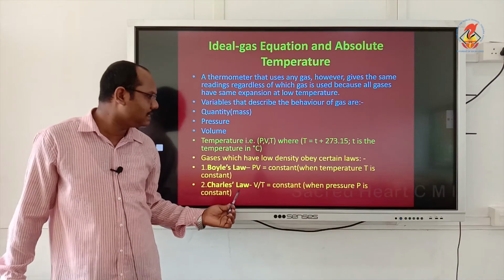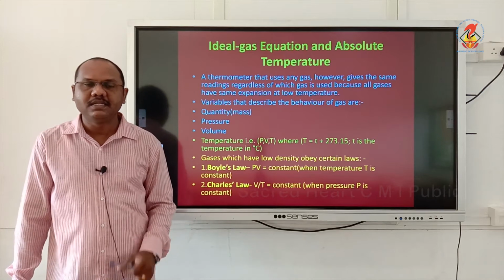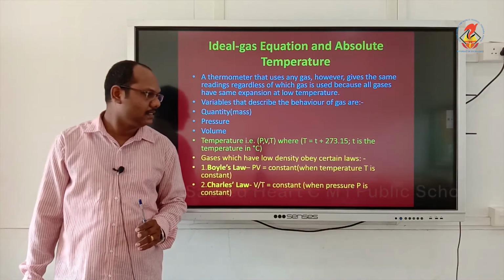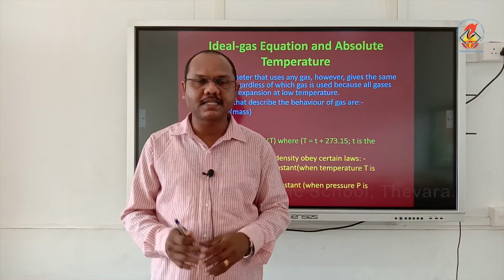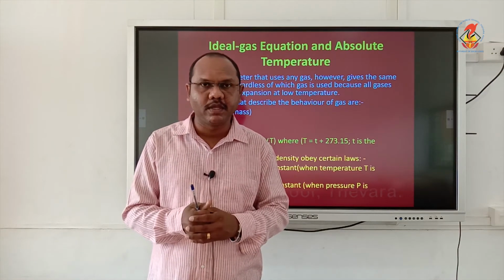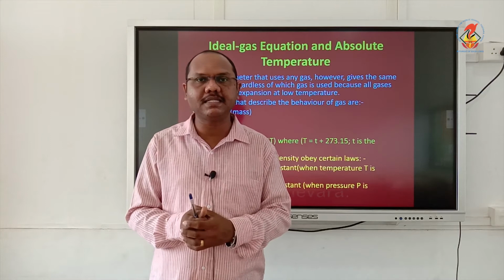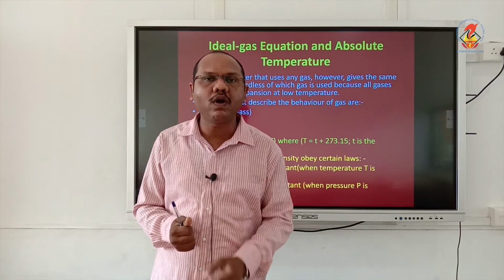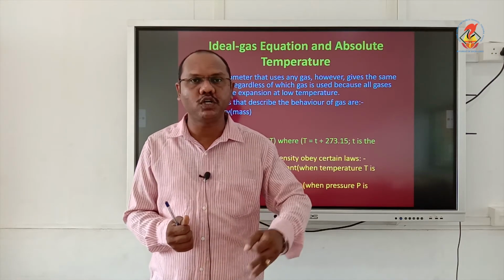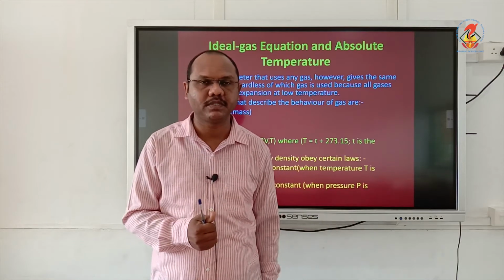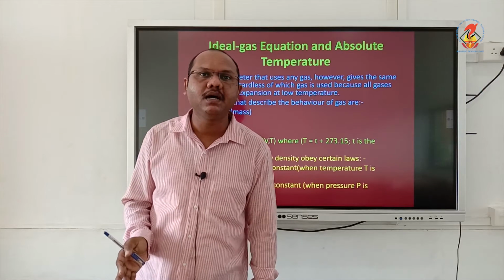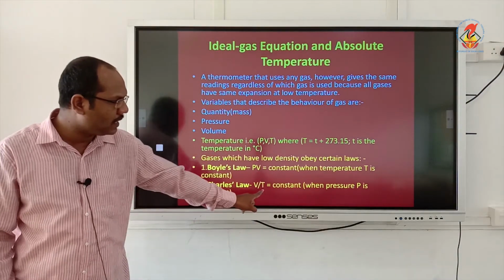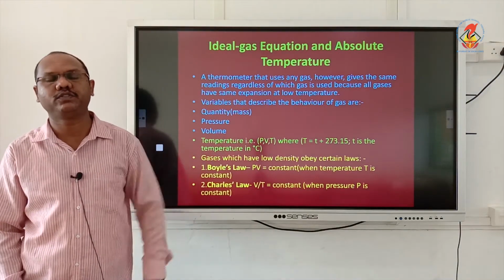Now the next thing is Charles' law. Charles' law tells that when the pressure of the gas is kept constant, volume is directly proportional to absolute temperature. So I can say V proportional to T or V by T is equal to constant.